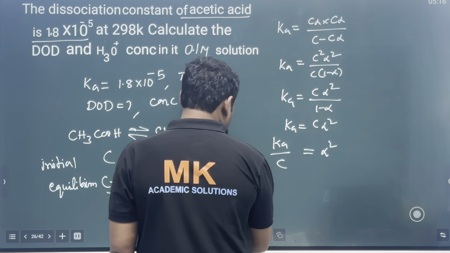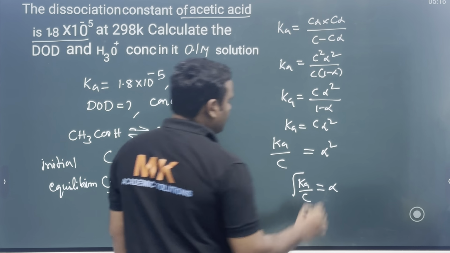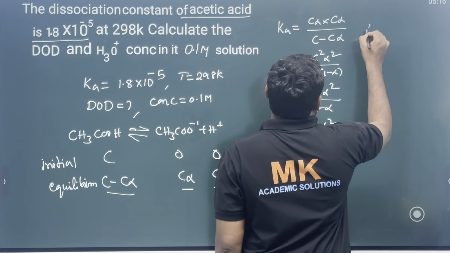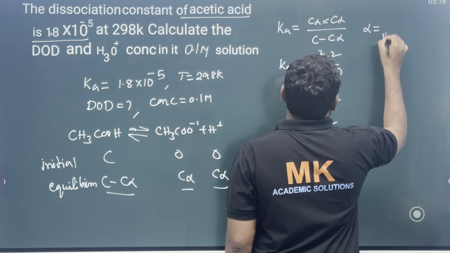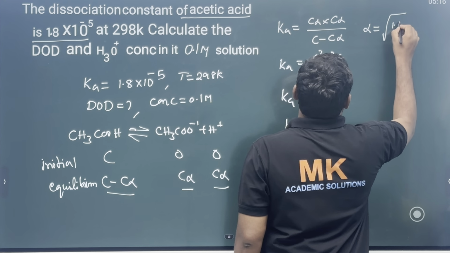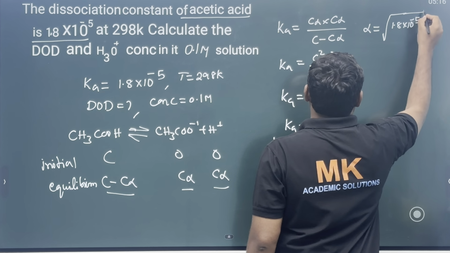So alpha is equal to square root of 1.8 into 10 to the power of minus 5 by 0.1.